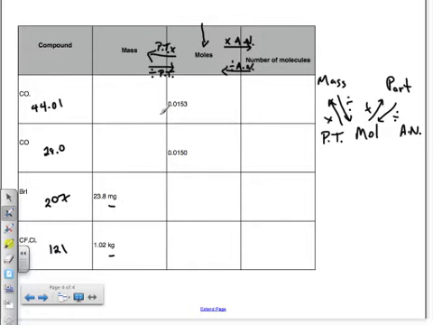All right, so those are my molar masses that I need in order to do this direction right here between mass and moles.